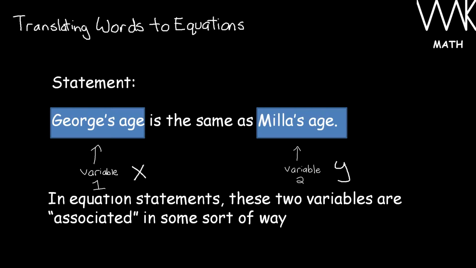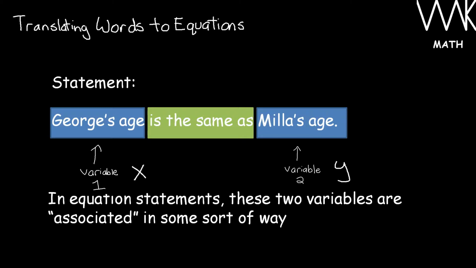I could use g and m if I wanted to, but I've decided to use x and y because it's the easier thing. But how are they linked together? We have this statement in green. Is the same as. This is the linking statement between George's age and Mila's age, in which we have x and in some way associated with y.